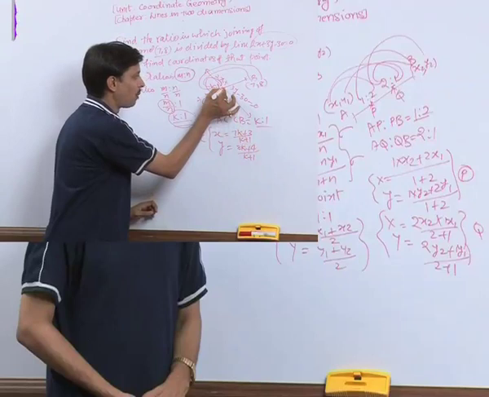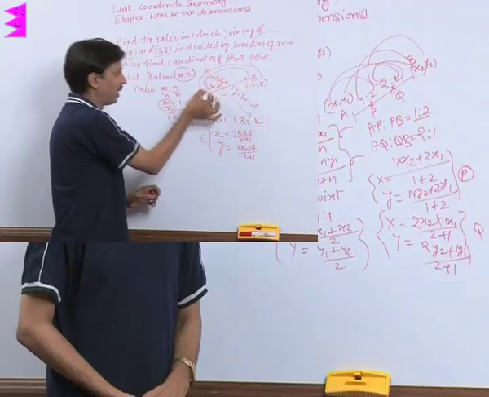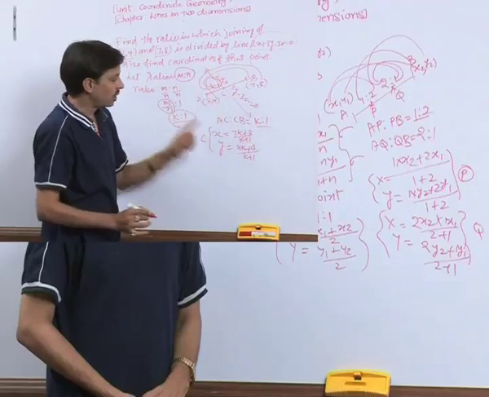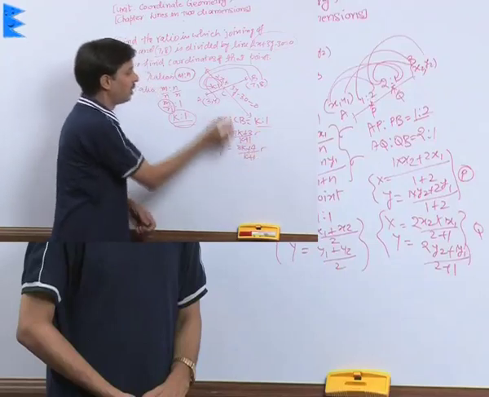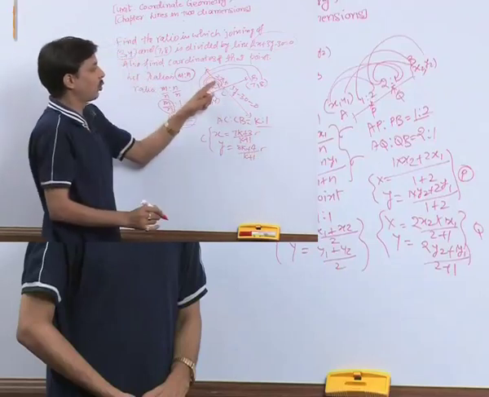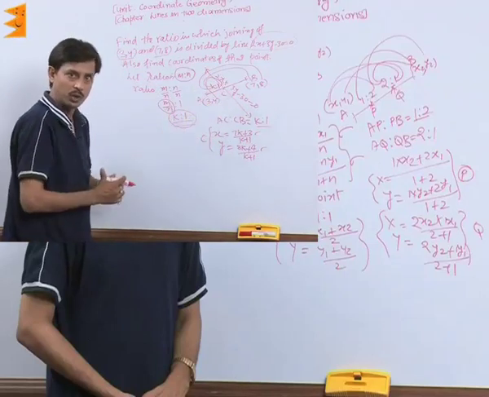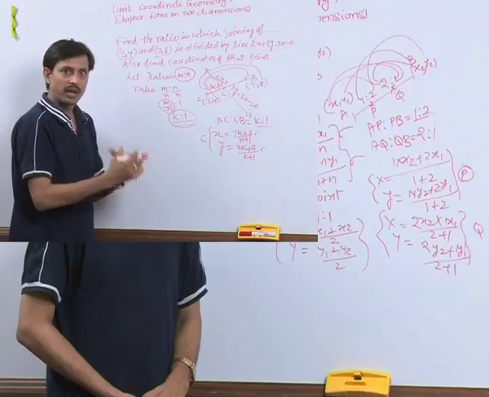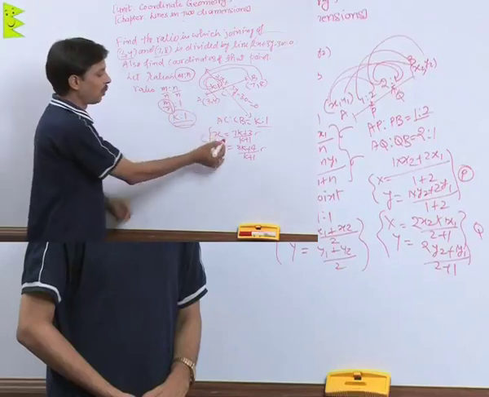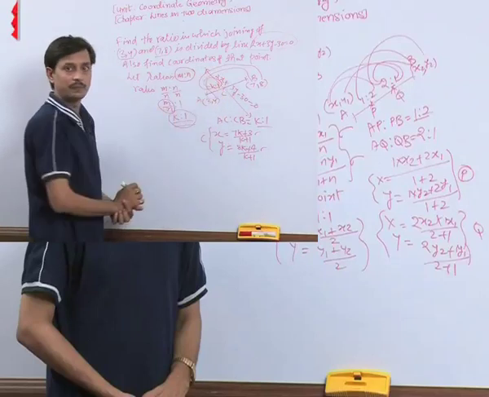As this is the common point for the line as well as for the joining, these values of x and y must satisfy our line 2x plus 3y minus 30 is equal to 0. To do this, we will put the values of x and y here.